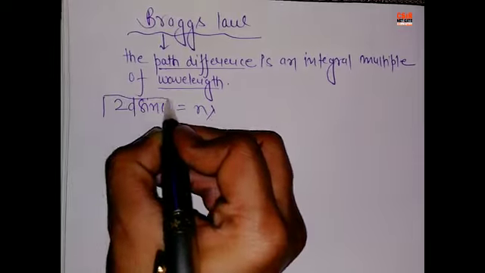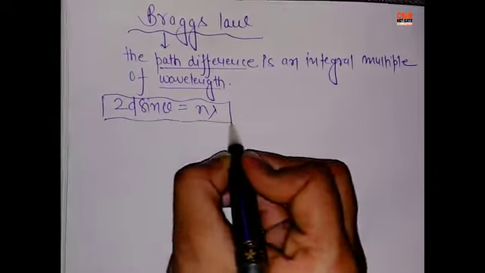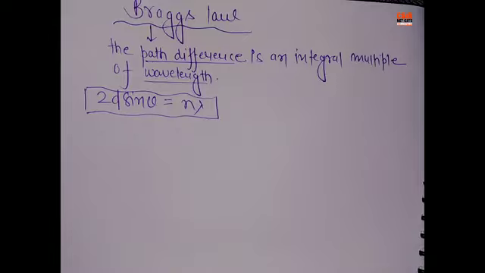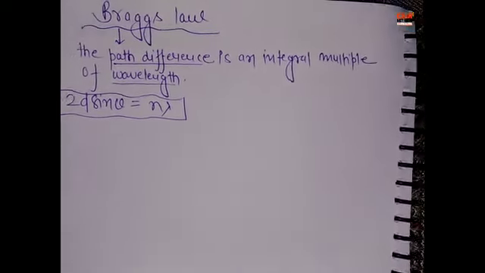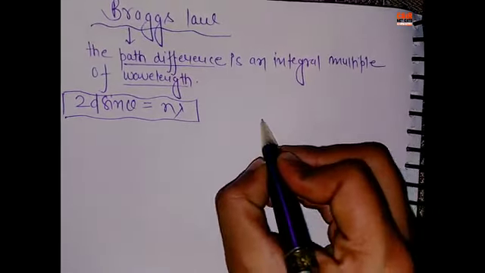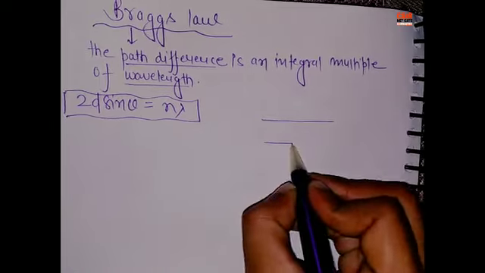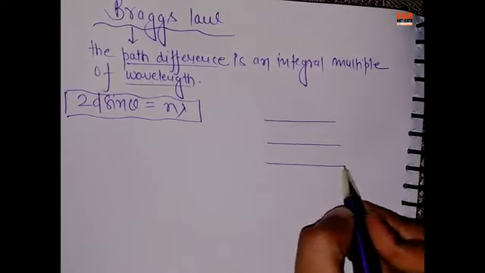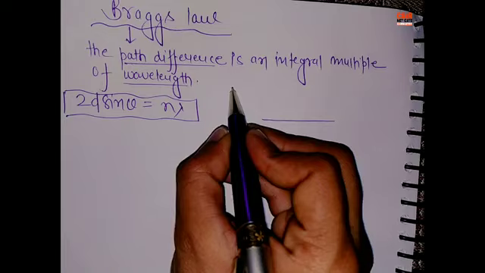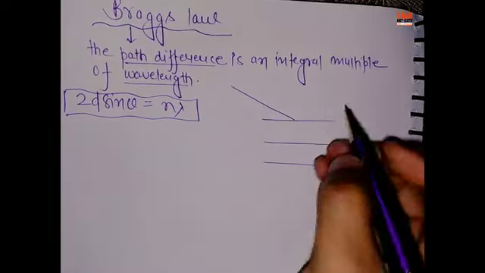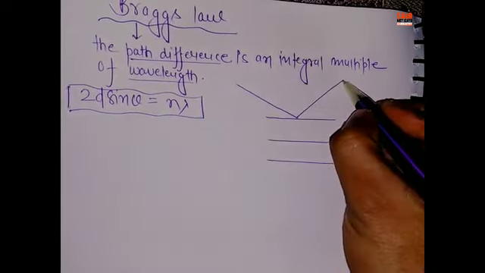So where did this expression come from? Let me derive it. It's a very small derivation, so I won't take much time. Let's say we have one plane, equidistant planes. When we pass these rays, they will be reflected.